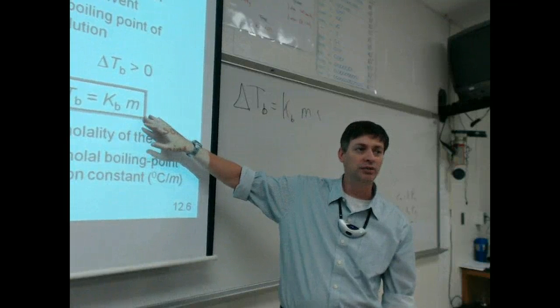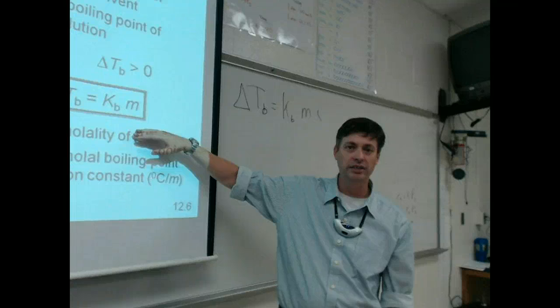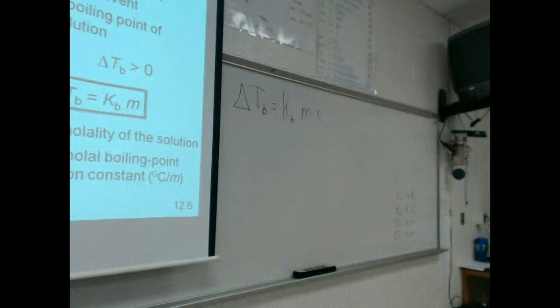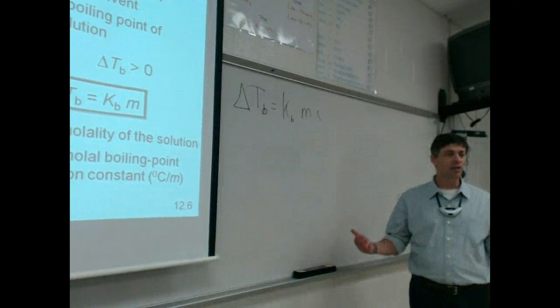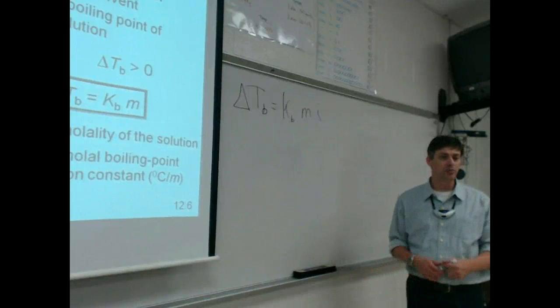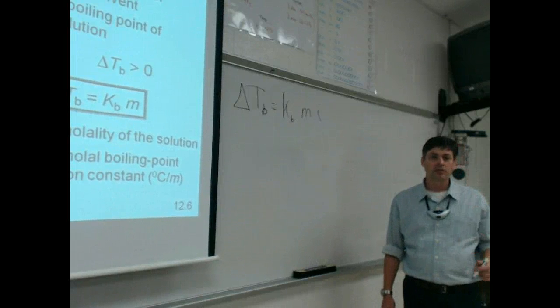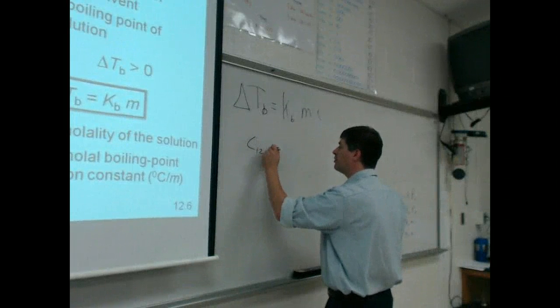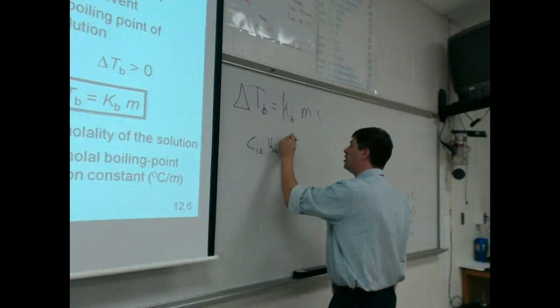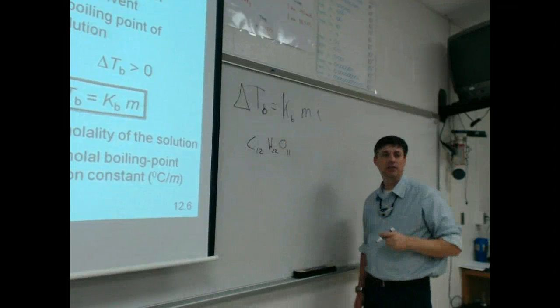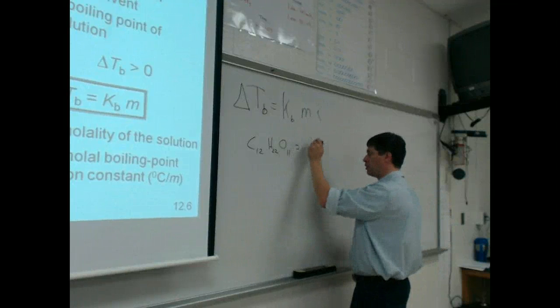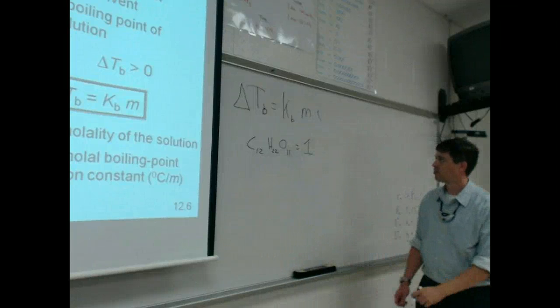But a lot of times our solute is not molecular, but it's ionic. And with colligative properties, it only matters the number of particles. So if we dissolve an ionic compound, we're going to get more particles. For example, if C12H22O11 is my solute, then my Van't Hoff factor is going to equal 1.